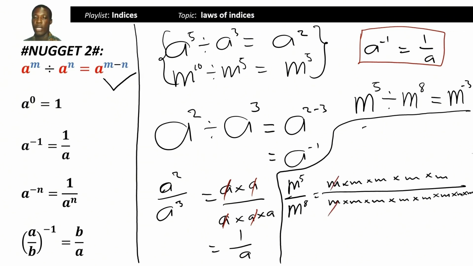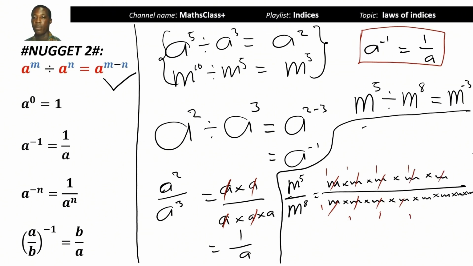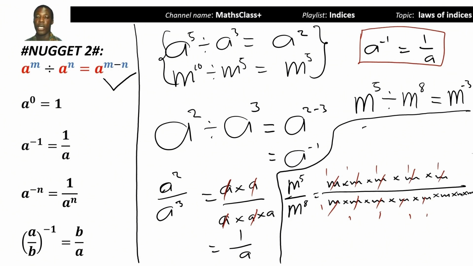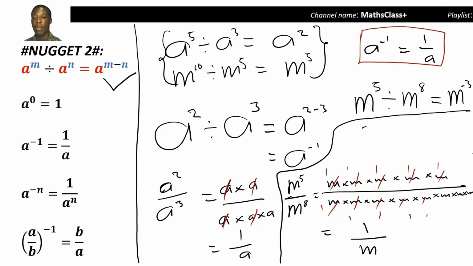One here, one there, and so on. This gives us 1 over m to the power 3.